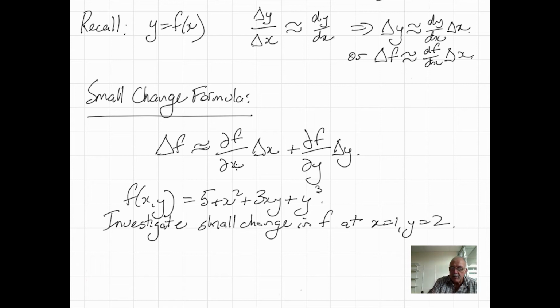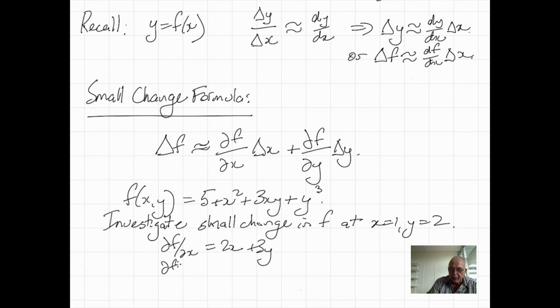Okay, so we've got the partial derivative of the function with respect to x. y will be a constant, so the derivative of 5 will be 0, then 2x. Now if y is a constant, it'll be 3y times x. The derivative of x is equal to 1, so it'll be just plus 3y. And if y is constant, the derivative of y cubed will be equal to 0.